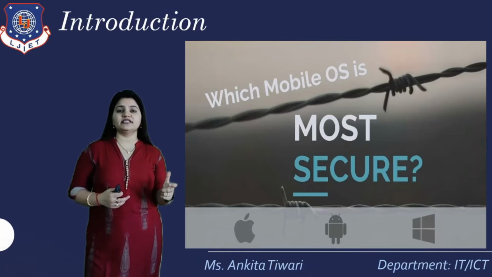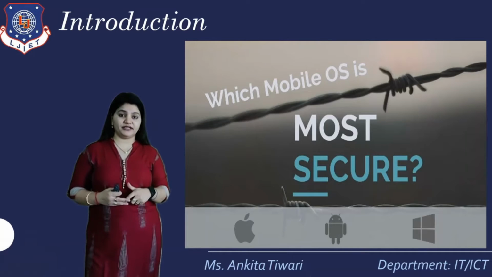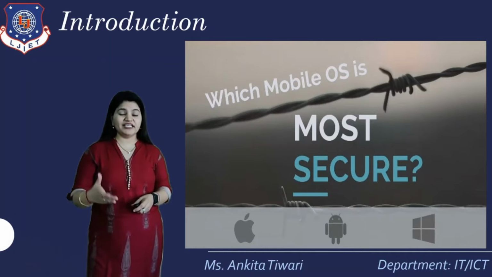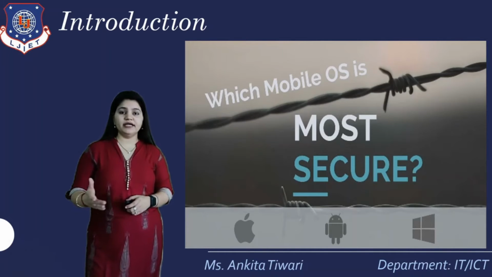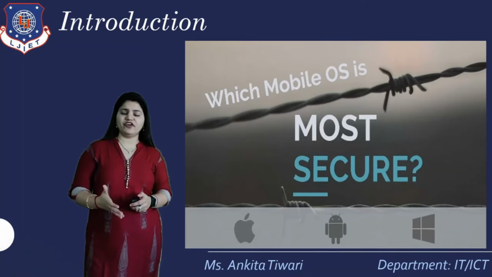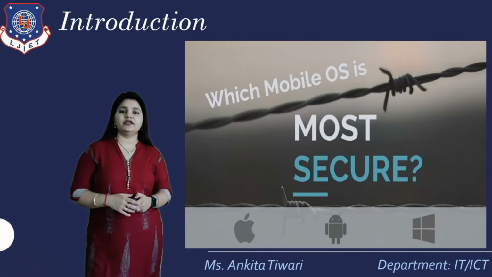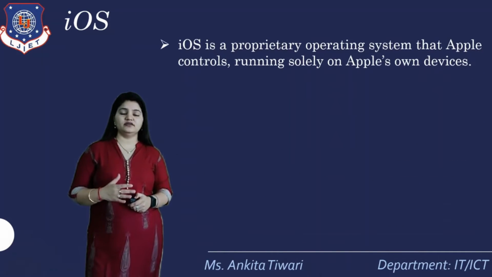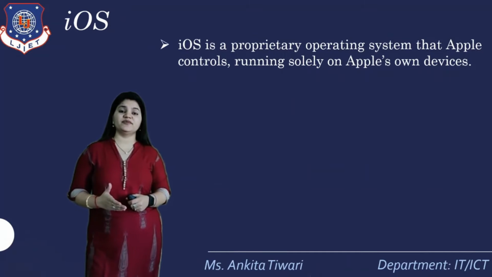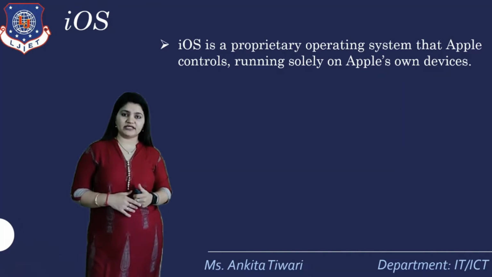Now the question arises: which mobile operating system, because mobiles also use different operating systems, is most secure in terms of your privacy, your sensitive information, and any of the data which you are using? The first operating system we look at is iOS.